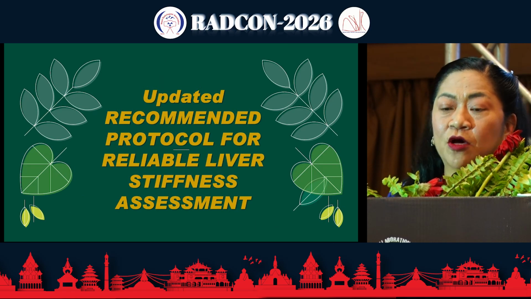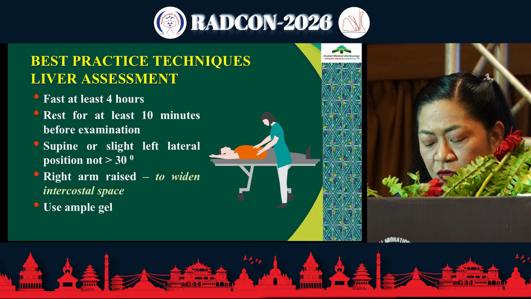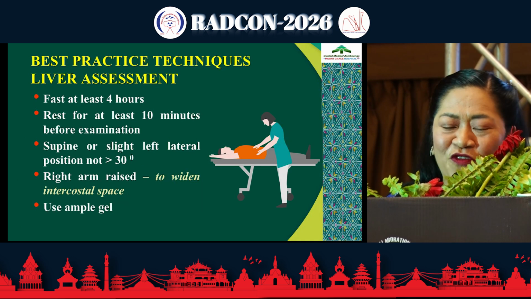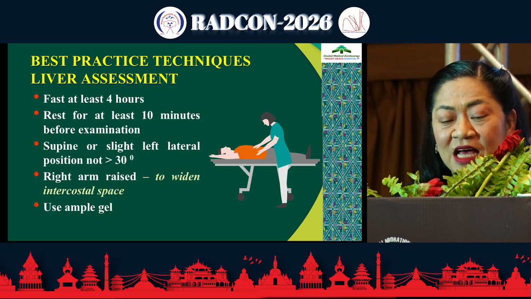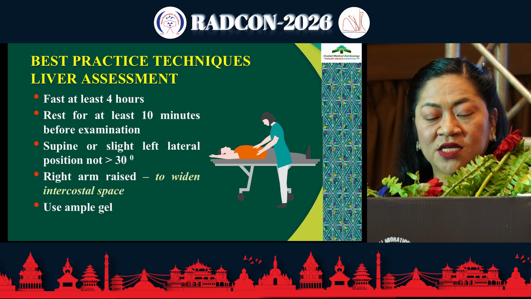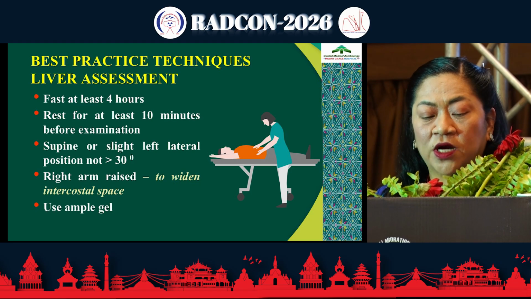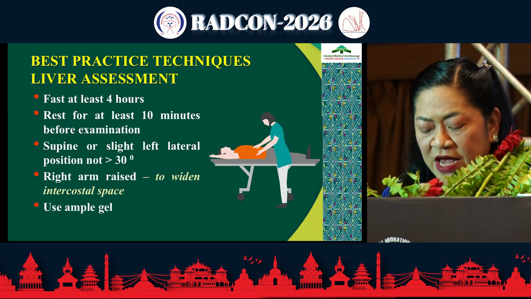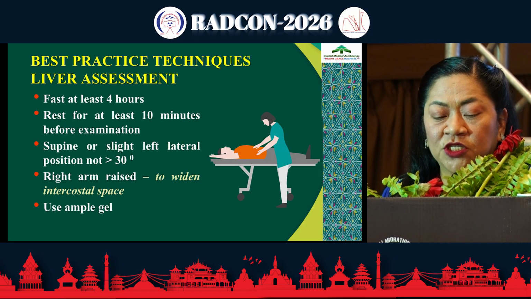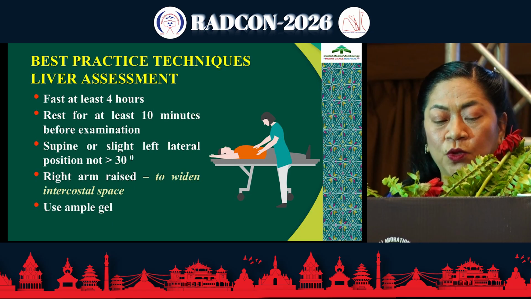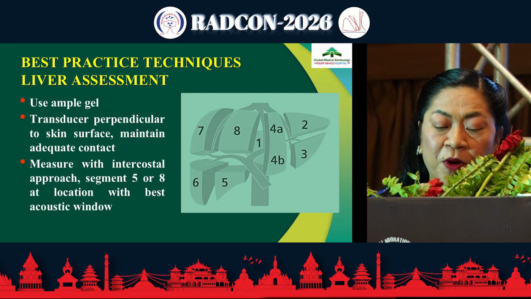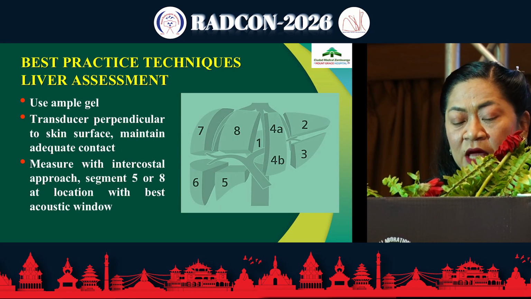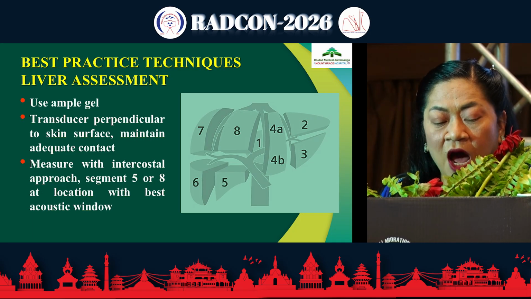Okay, so here's the recommended protocol, which I'll just go through because it's easy for you to remember anyway. You have to fast for at least 4 hours, rest for at least 10 minutes. It should be supine or slightly left lateral. You should have your arm raised up and put ample gel. And the transducer should be perpendicular to the skin and maintain adequate contact.